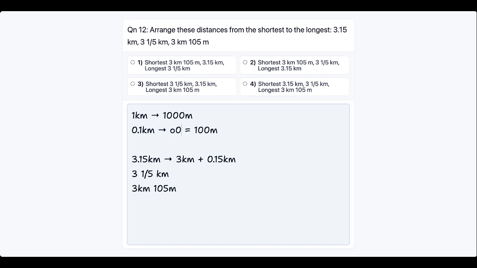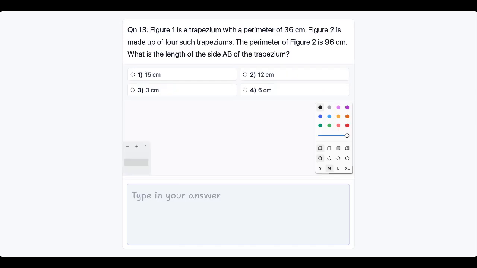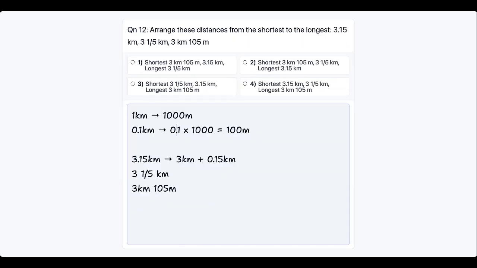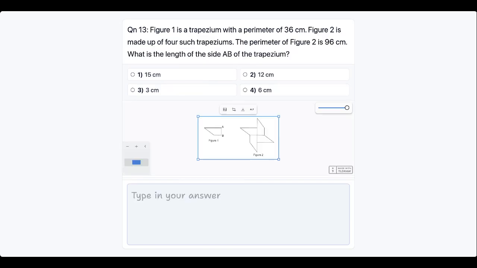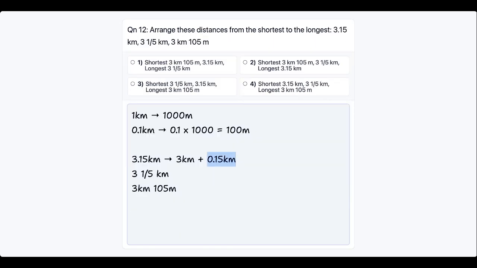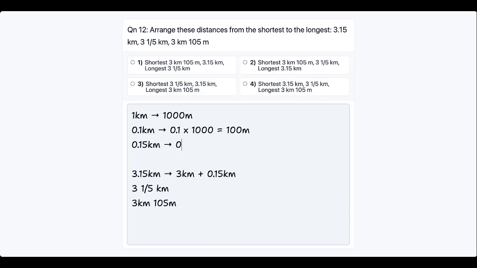Okay, the easiest one I think is multiplying by 1000. So 0.15 in this case is equal to 0.15 times 1000, equal to 150 meters. Okay, so 3.15 will be equal to 3 kilometers and 150 meters. All right, that's what you see over here.